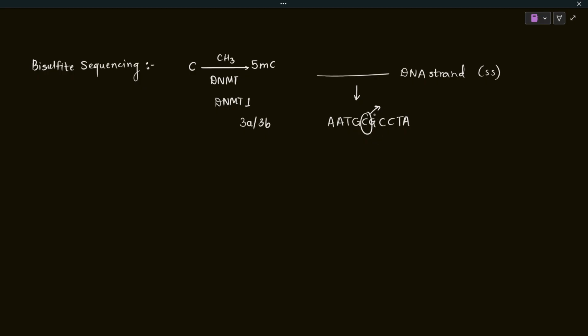So for knowing whether the CH3 group has been added on this cytosine or not, we do bisulfite sequencing.